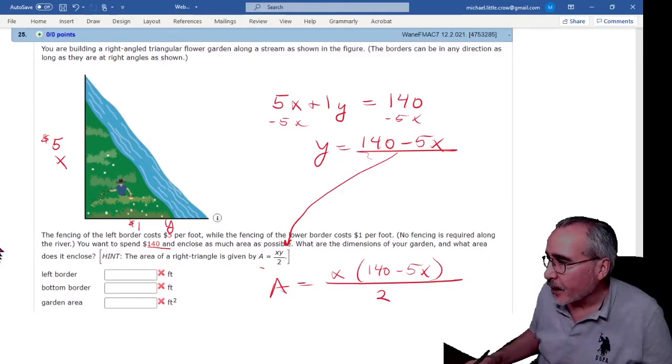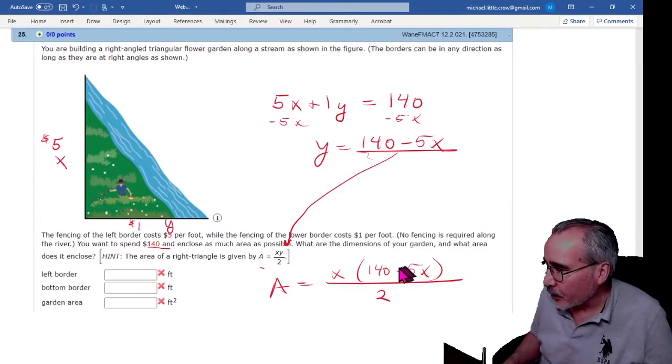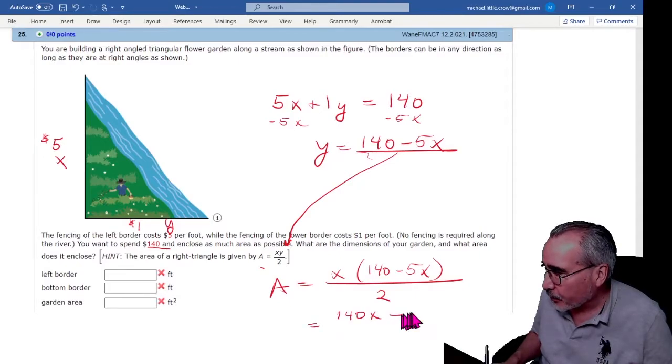We'll get a quadratic, take its derivative, and set it equal to 0. We'll find the maximum, and you'll see we're going to get a negative leading coefficient on the quadratic. So it becomes 140x minus 5x squared, all over 2.